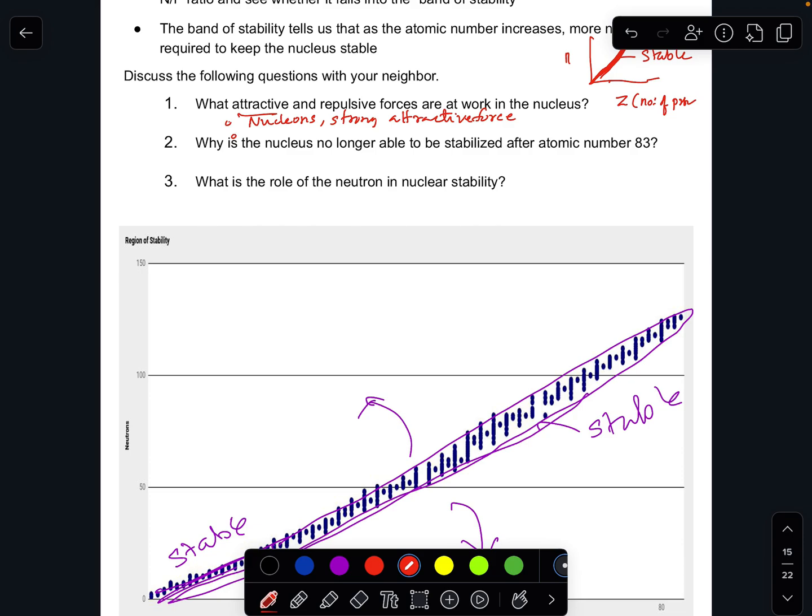Then there is a repulsive force, which is the electrostatic repulsion between positively charged protons.